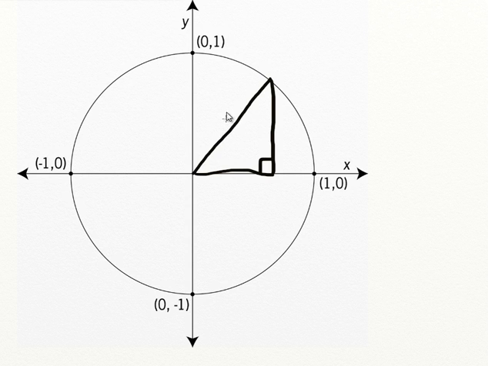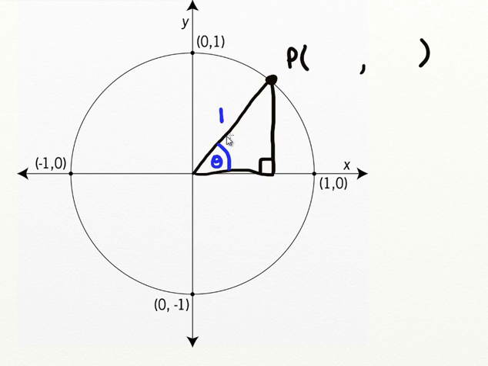So what I'm going to do is put that radius length in there. It's 1. Now with that angle put in the corner of the triangle, we can come up with some values to describe where this point right there at the tip of the triangle on the edge of the circle is. So this point would have an x and a y value, right?